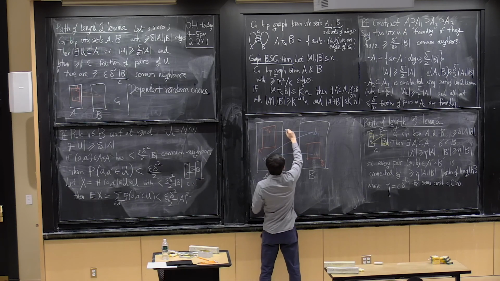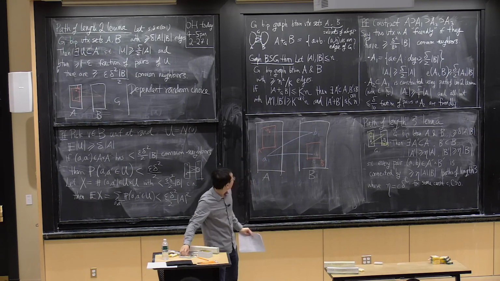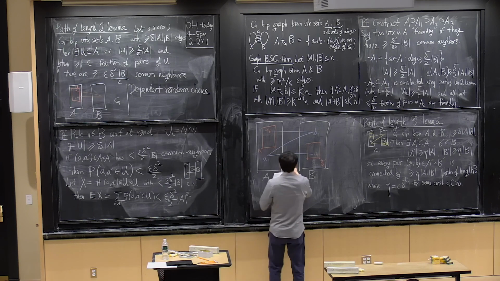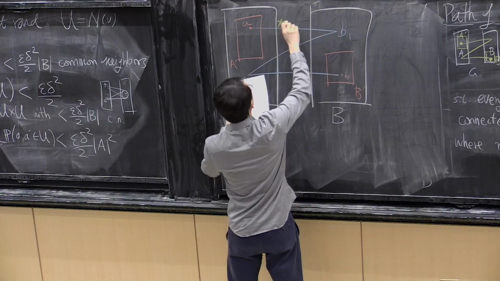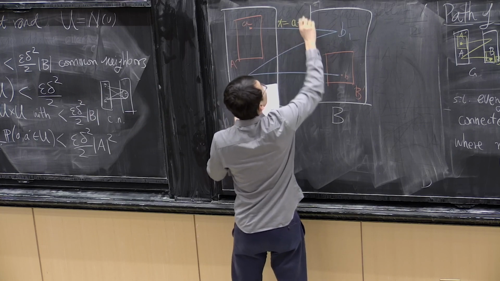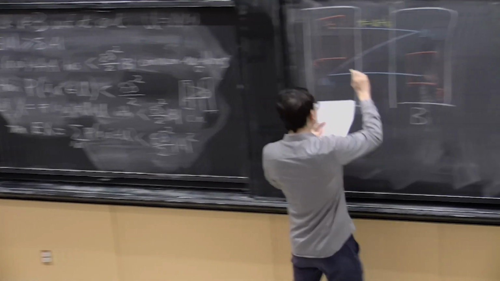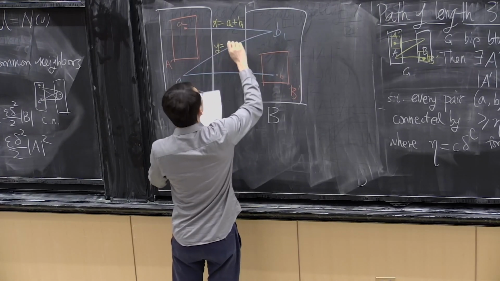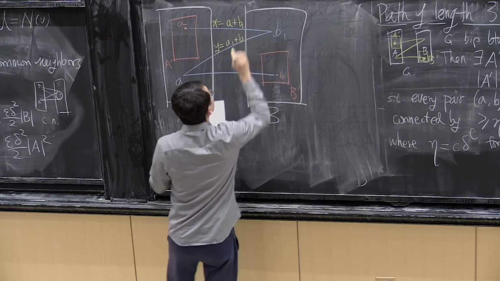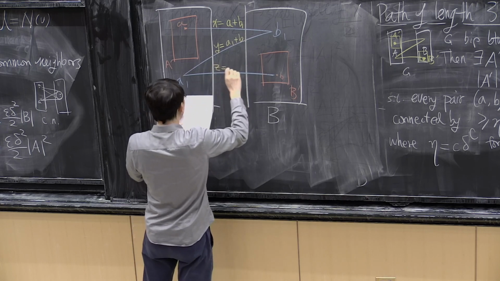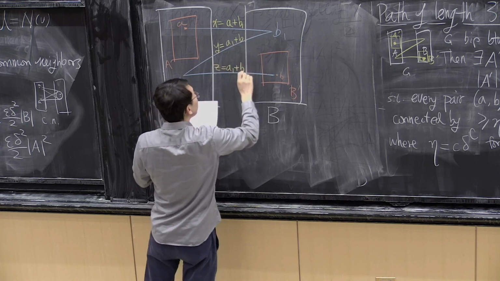Let me set x to be a plus B1, that's a sum, y to be A1 plus B1, and z to be A1 plus b.